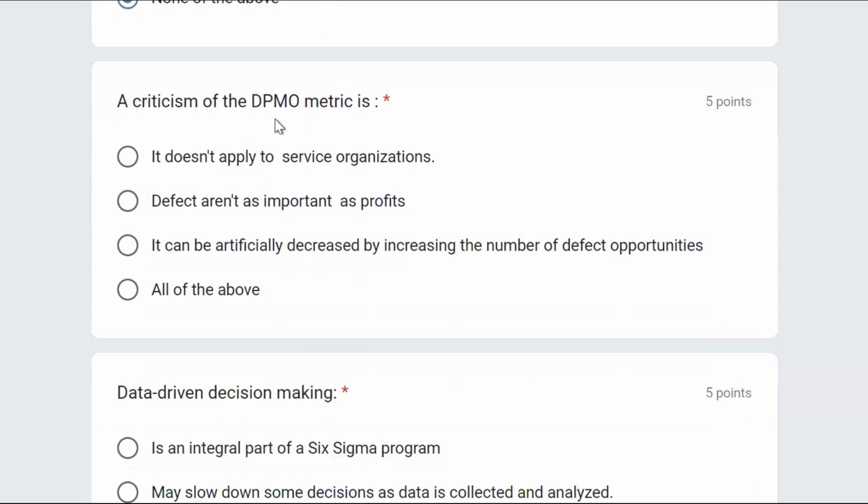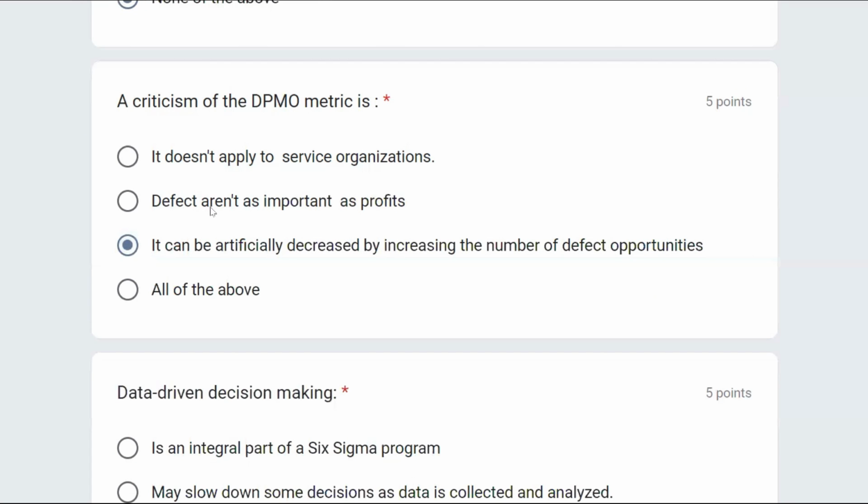A criticism of the DPMO, defects per million opportunities metric, is: it isn't applied to service industry? No. Defects aren't as important as profit? No. It can be artificially decreased by increasing the number of defect opportunities? Yes. Why?